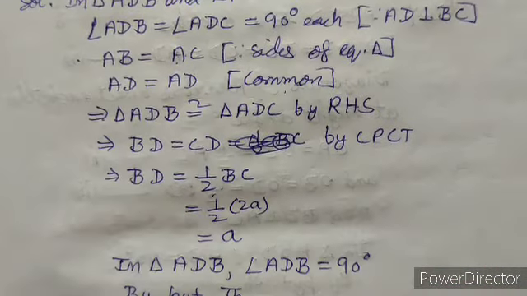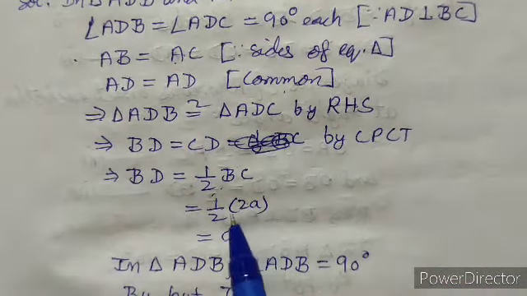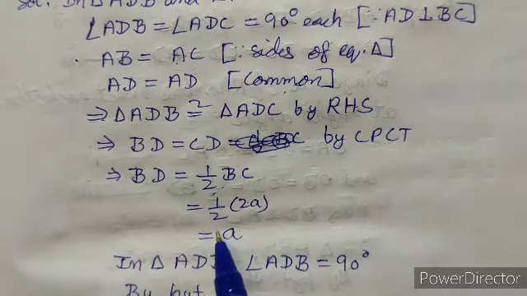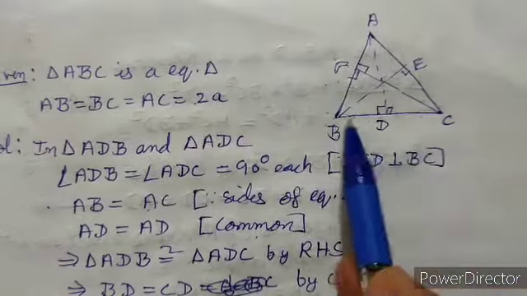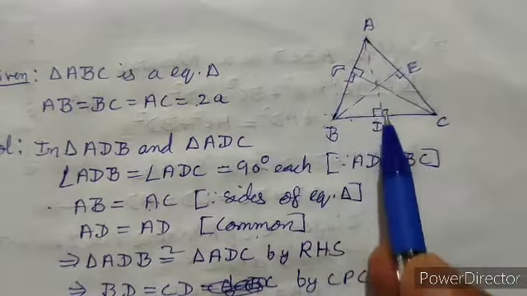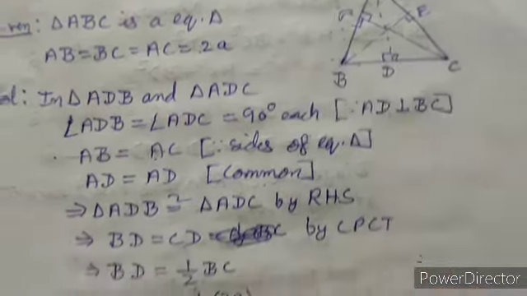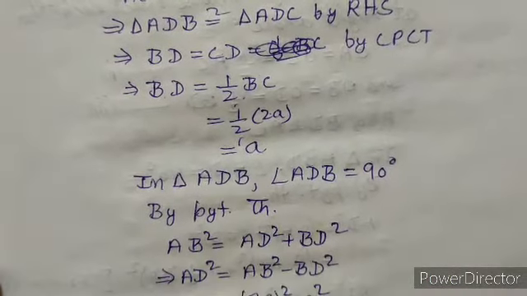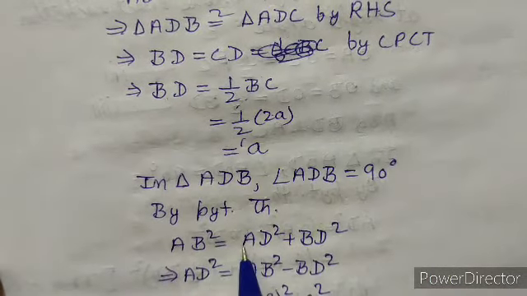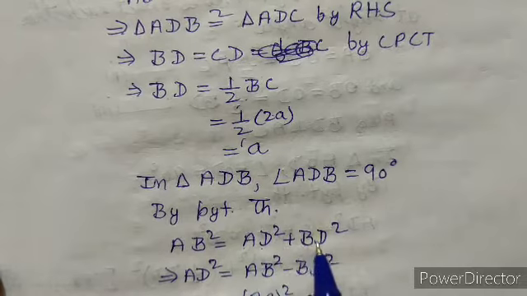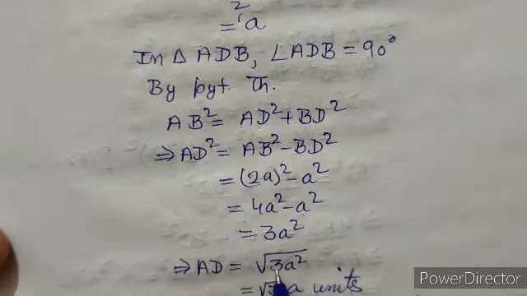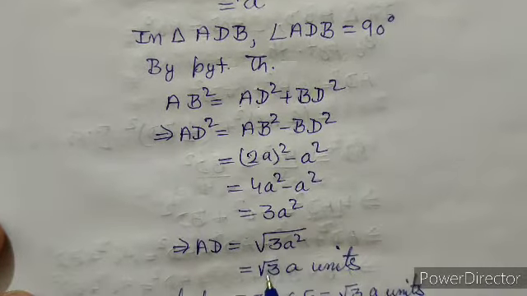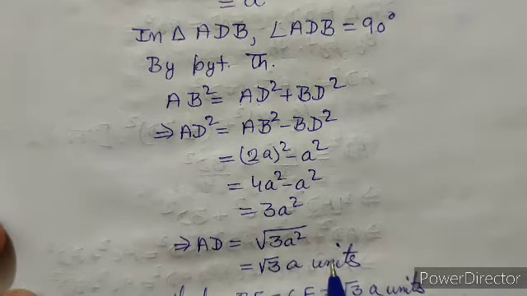BC was of length 2A, so BD will be of length A. Now in triangle ADB we can apply Pythagoras theorem to find AD. So that will be AB square equal to AD square plus BD square, and that will give us AD as root 3A square, or you can say root 3A units.